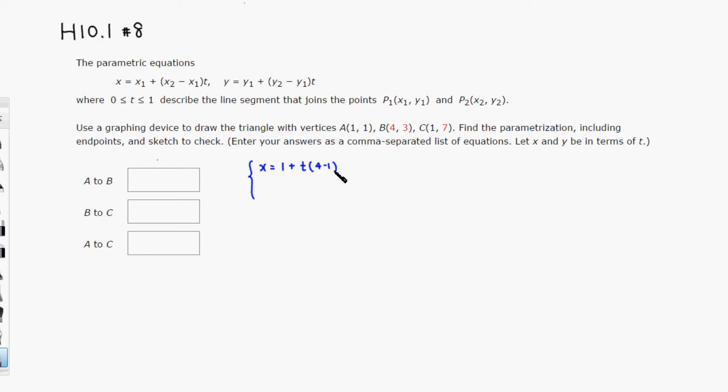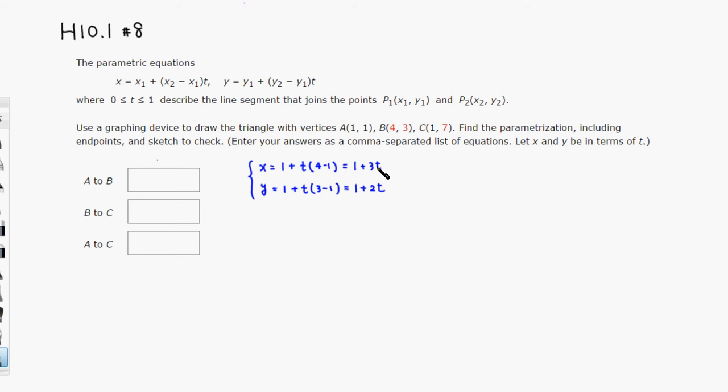So this is simply 1 plus 3t. Then y you can construct exactly the same way. The initial point's y coordinate is 1, plus t times the difference 3 minus 1, so it's going to be 1 plus 2t.